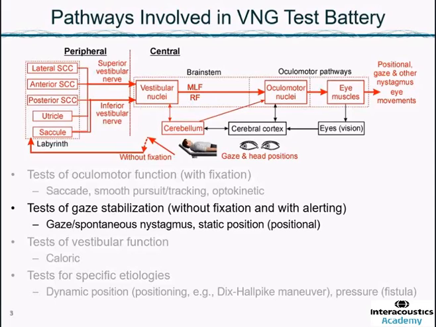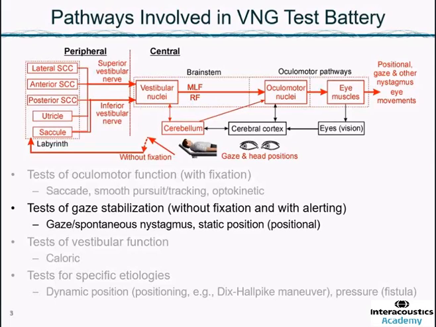You should be aware that anytime you test the patient without fixation, you will need to have some alerting tasks. The reason is that the nystagmus can become suppressed if the eyes drift to one side and get stuck there. Unless you have cortical level involvement, you may not see the nystagmus, and it can get suppressed without alerting.